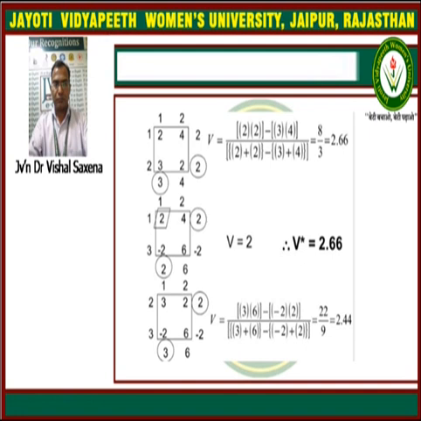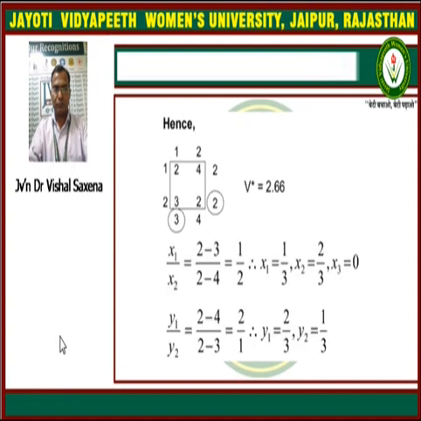So these are the values for these sub games, and we can see the optimum value is 2.66.